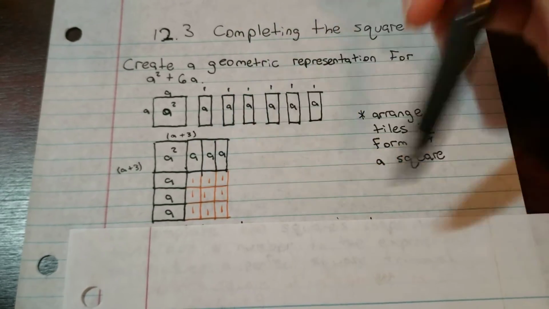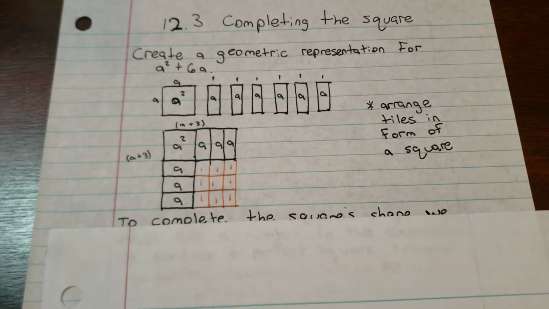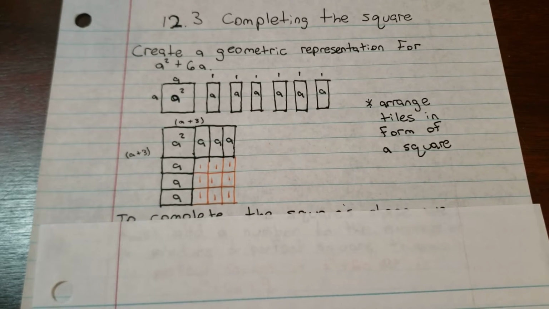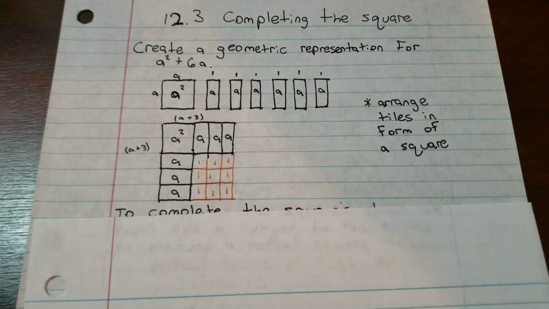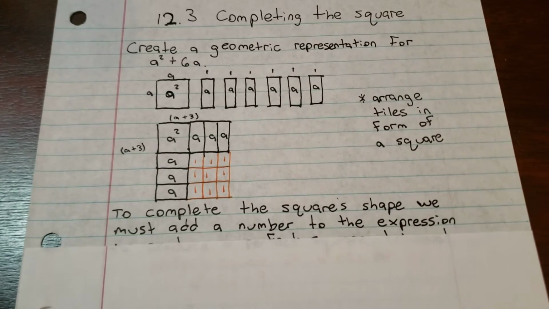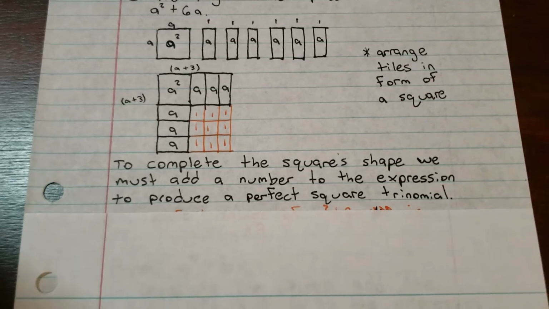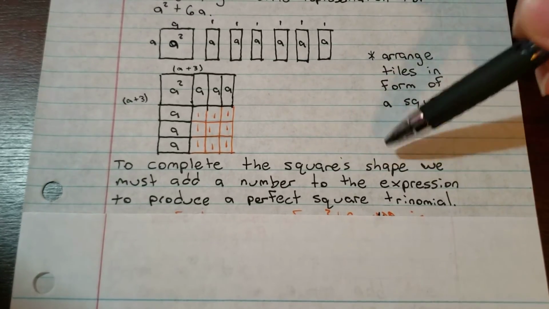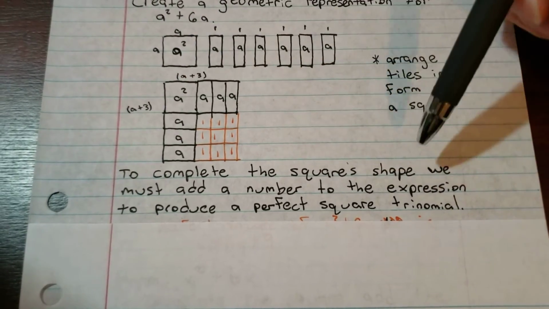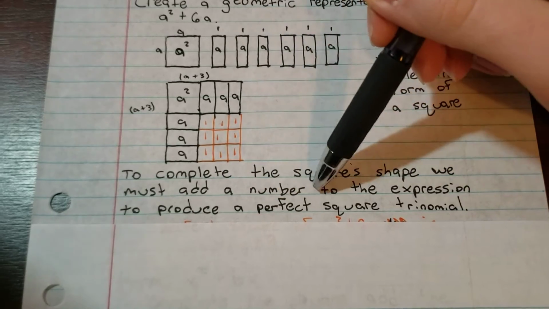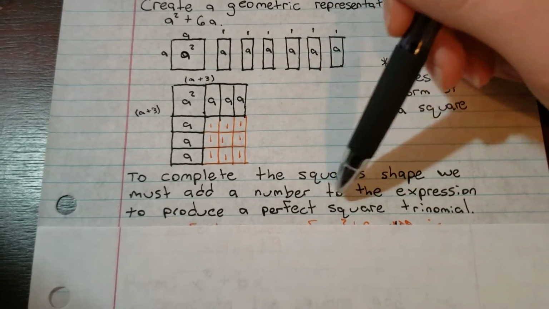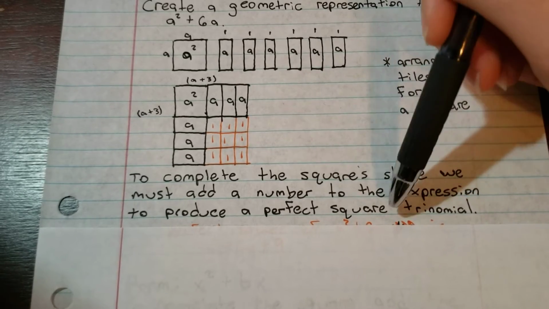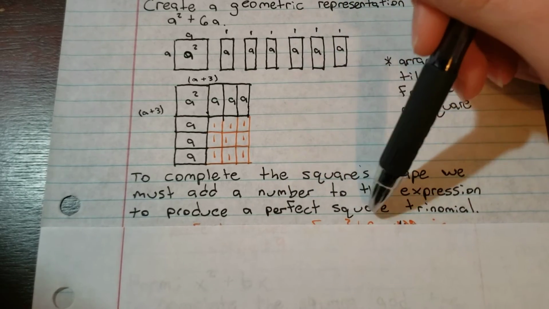9 little boxes. You'll probably need to stop and pause the video, so come back when you get back to it. So to complete the square's shape, we must add a number, just a number, no variables, to the expression to produce a perfect square trinomial.